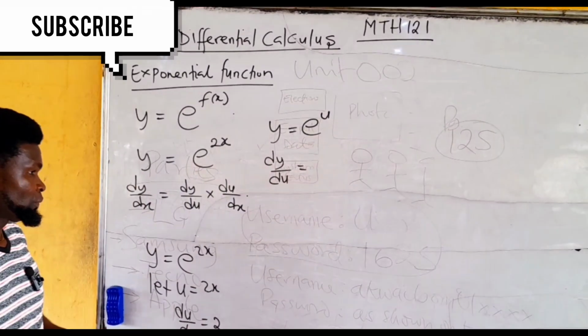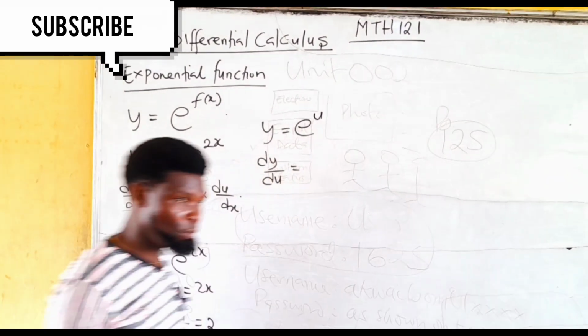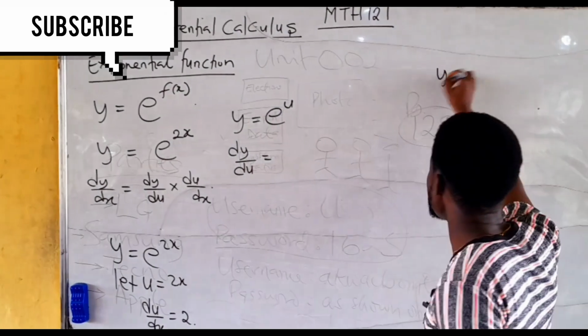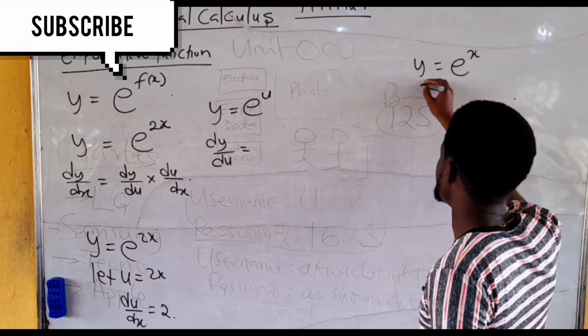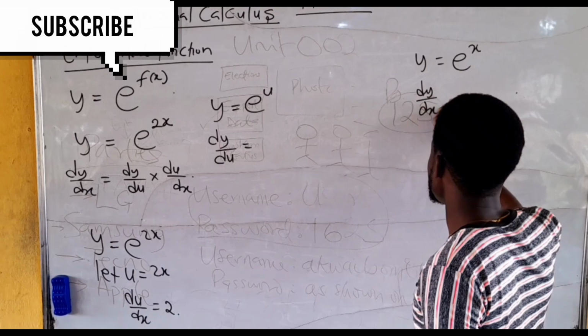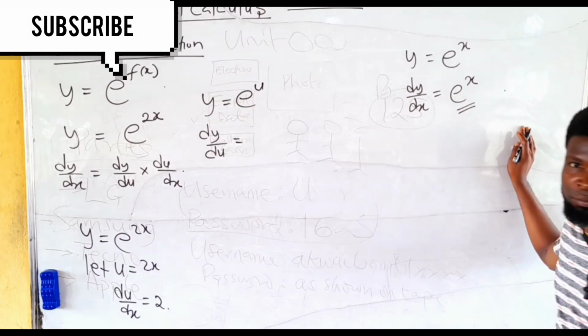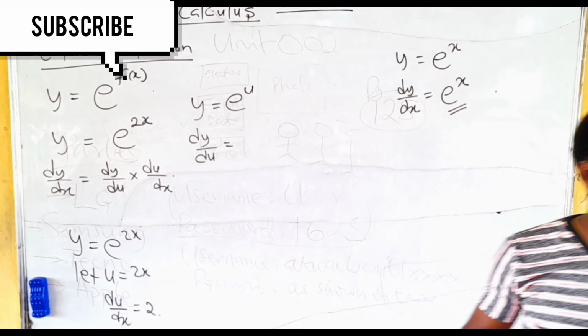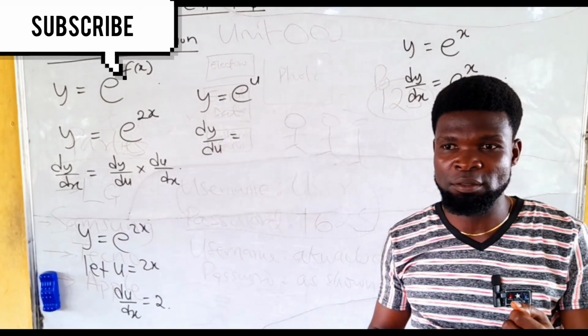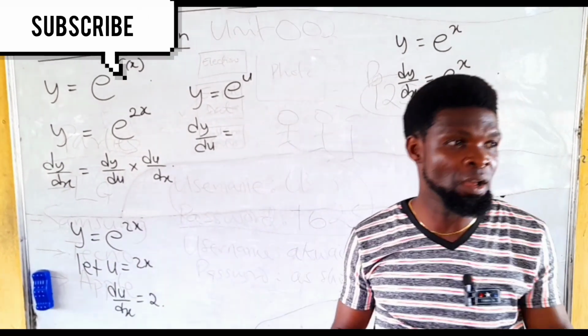Now, note this: if y is equal to exponential x, dy over dx is equal to exponential x. That is the answer. Meaning that the derivative of exponential x is exponential x.